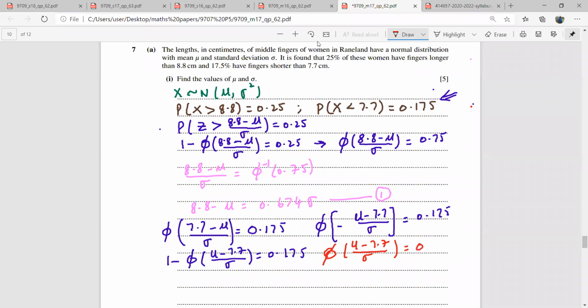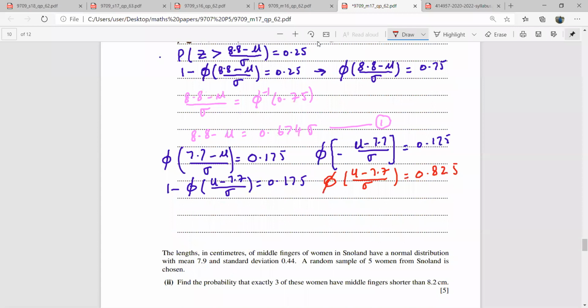So that should be 0.825. Then we get (mu minus 7.7) over sigma is phi inverse of 0.825.